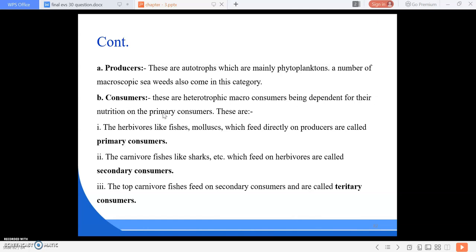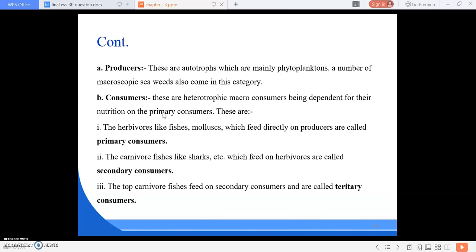Next we have studied the functioning of an ecosystem. There are various functions of an ecosystem. First one is our energy flow in the ecosystem. Next is ecological succession, food chain, food webs and ecological pyramid, and biogeochemical cycles also.